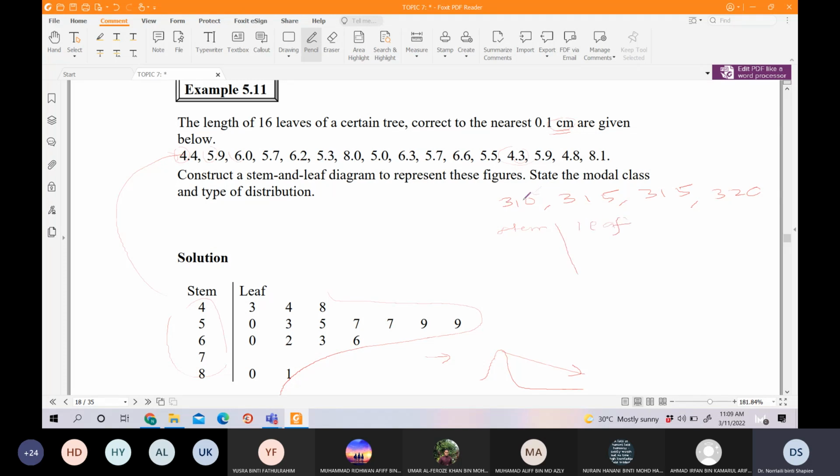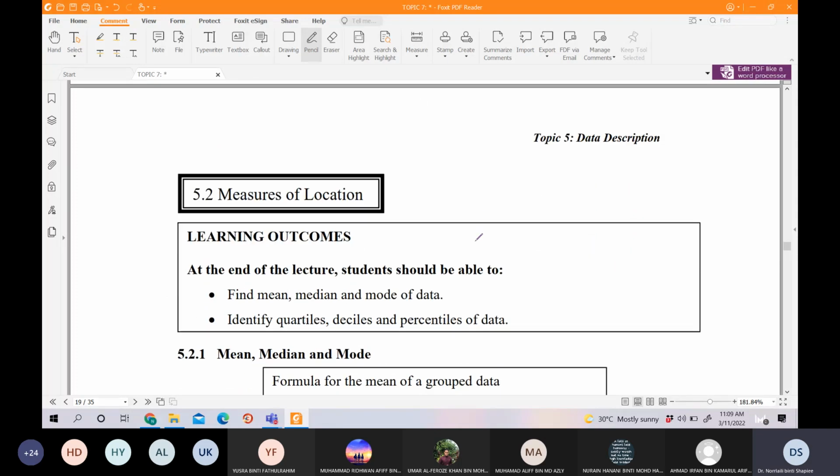For the stem, look here: 31. There is 3, so start with 0, 5, 5. Why 0, 5, 5? Because of this 0, 5, 5. Then this is 32, 0. Remember, the stem can be more than 1 digit, but the leaf is only 1 digit. Any questions so far?